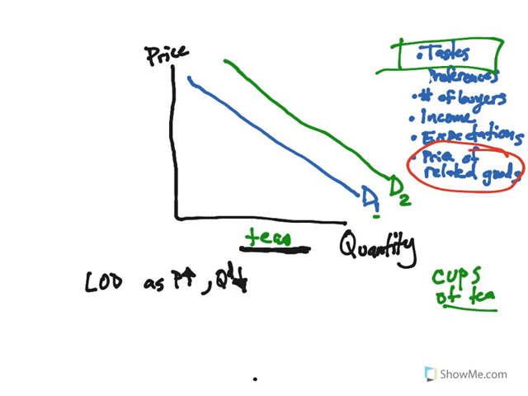Now, the temptation when you draw an increase in demand is to think about it as shifting up. Avoid this temptation, because when we get to supply curves, you'll see why up isn't really up, or at least what looks like up isn't actually up. Instead, think of an increase in any curve as a shift to the right. So let's put a pointer there.